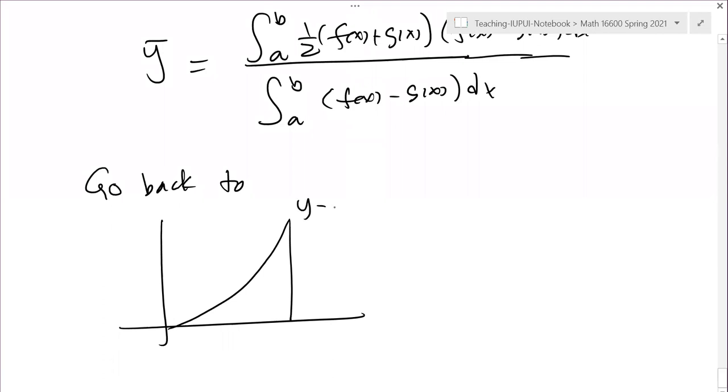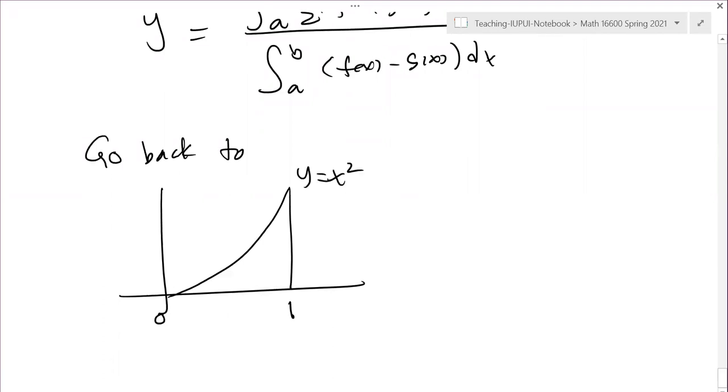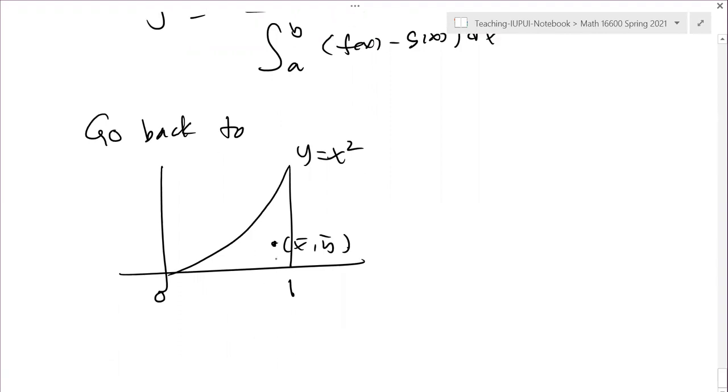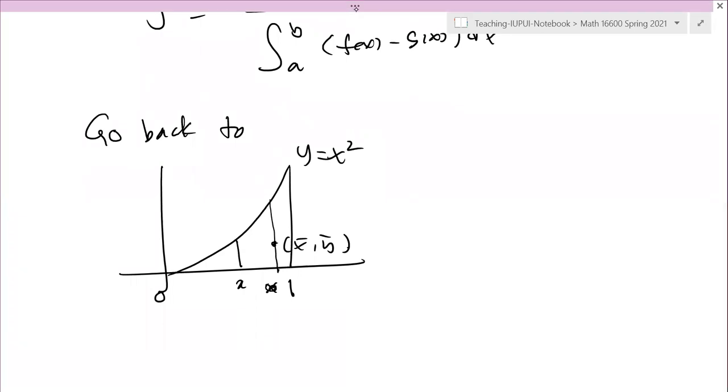Okay, so y equals x squared from 0 to 1. I want to find out the y bar using that formula. So here's a point, center, right? For this one, I have an arbitrary point x, not necessarily that particular one. At point x, what is my rho of x?